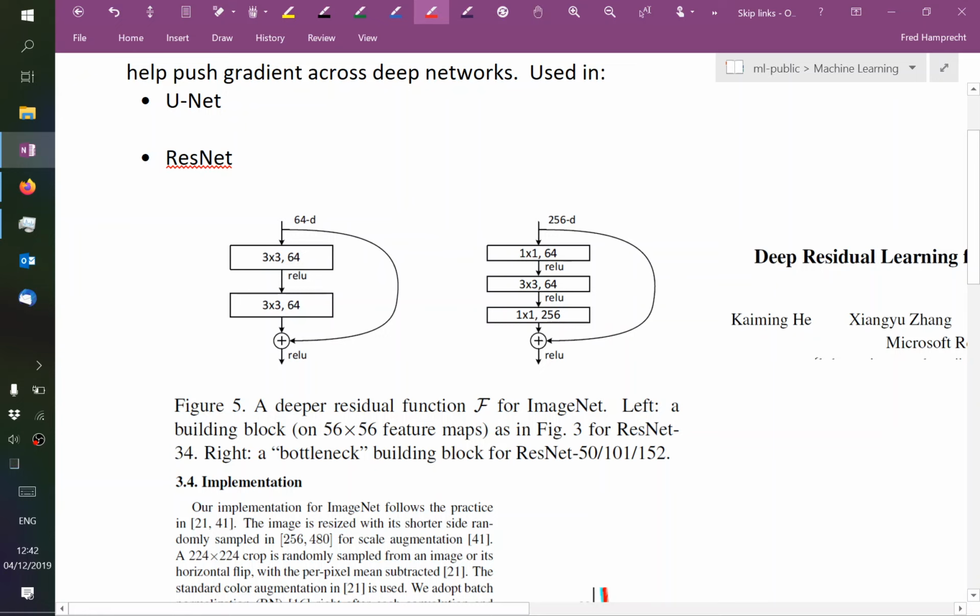So this would be a standard thing, a filter which is 3 by 3 in spatial dimensions. And you learn 64 of them to get 64 channels. Then you have a nonlinearity, a rectifying linear unit. Then you have a linear unit. And then you add to this the output of not the layer before, but the one before that.